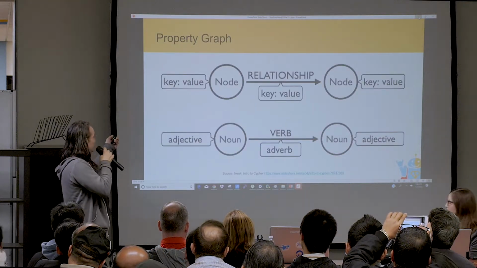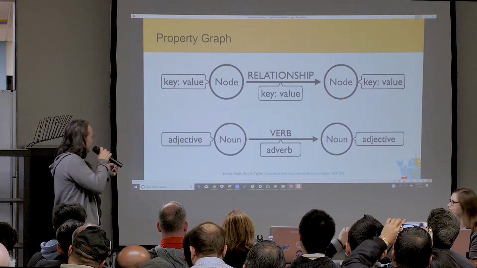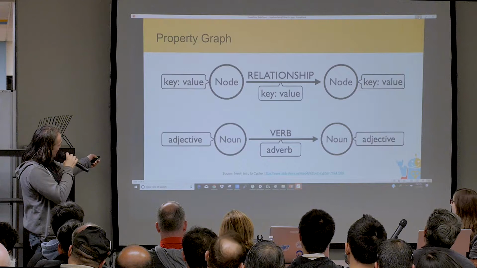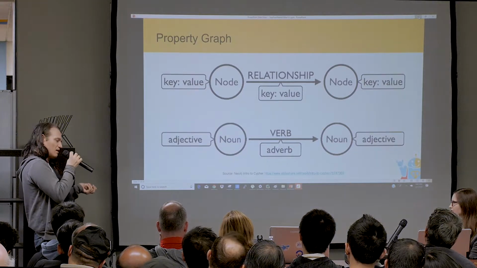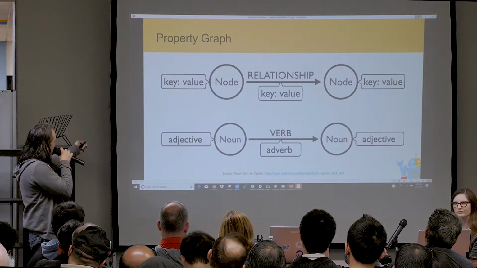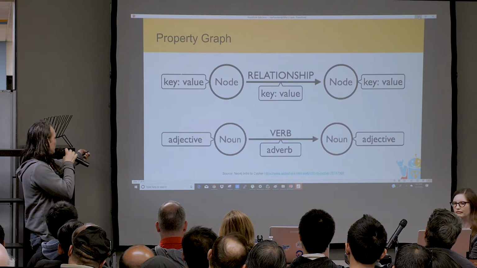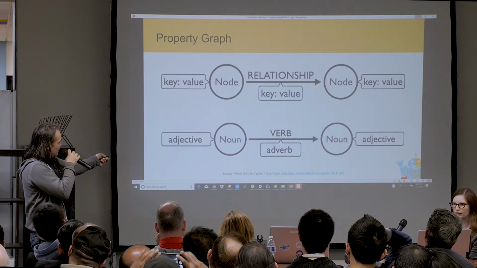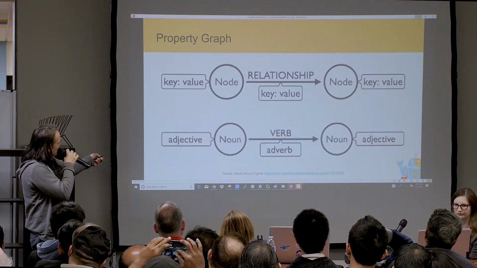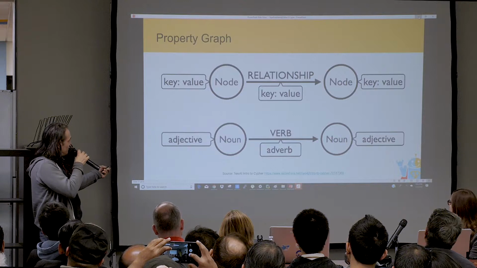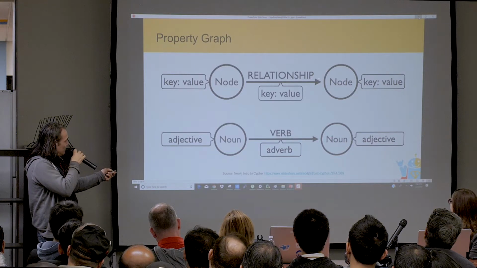This is what a property graph is in essence. So basically, you have a node. A node could be thought of as a noun, it's a thing, right? And it also contains key value pairs. Along with a directional relationship, this is actually a sample of a directional graph. So it has a direction. You have a node with an arrow pointing this way.